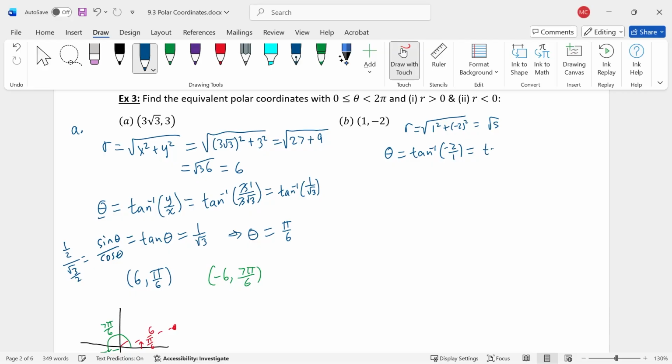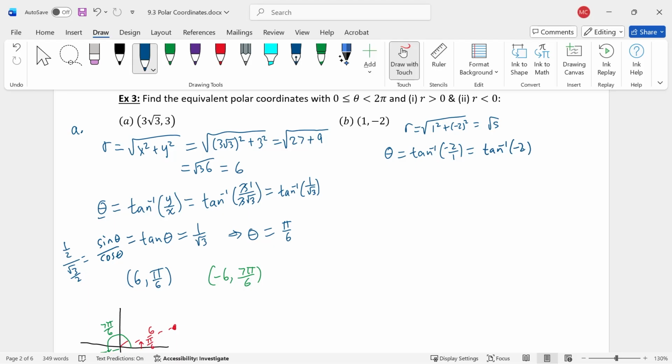That's, of course, just tangent inverse of negative 2. Now, tangent inverse of negative 2 is not one that I would know an exact angle for on the unit circle. I wouldn't expect anybody to. But we can use our calculator to approximate the angle here.